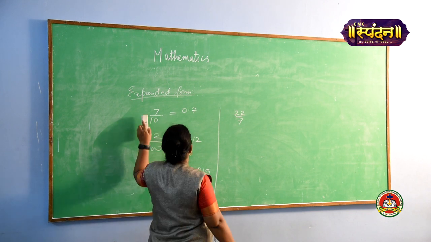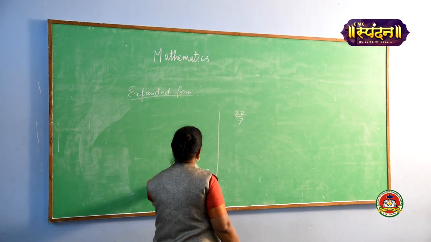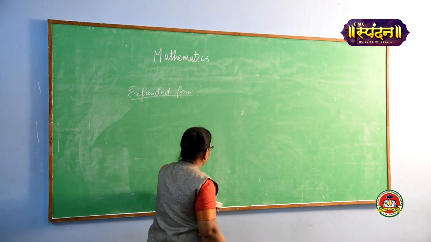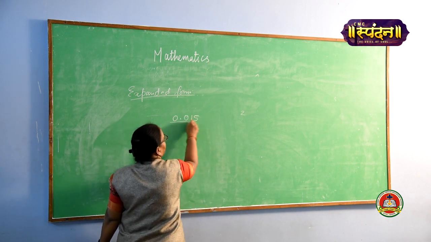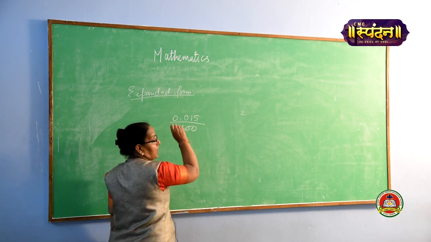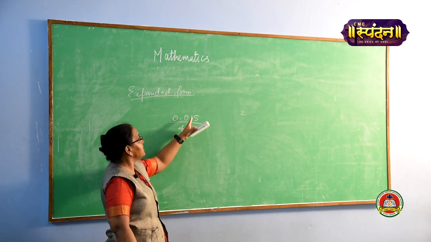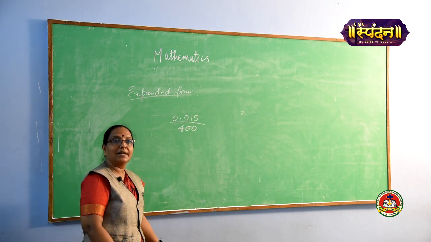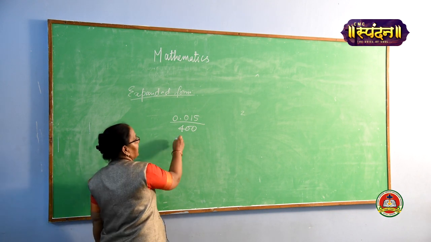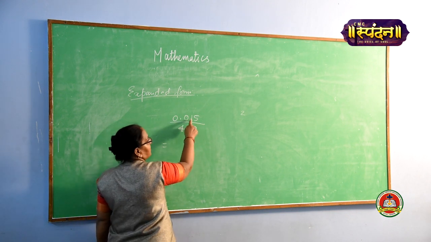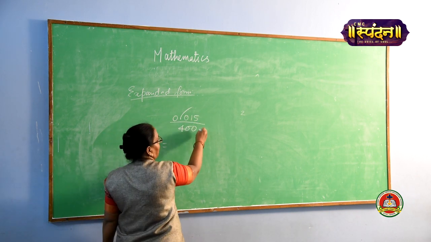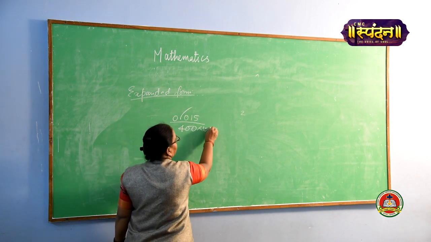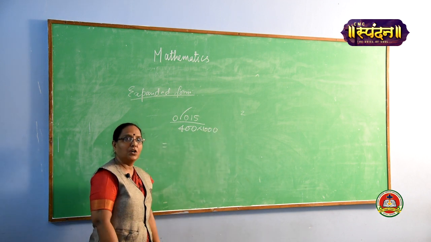But suppose the number is divided like this, 0.015 divided by 400, suppose the decimal number is divided by this one, what do you do? You are going to write this number as 0.015, remove this decimal. How many digits are there? 3. So we need to write 3 zeros, got it?